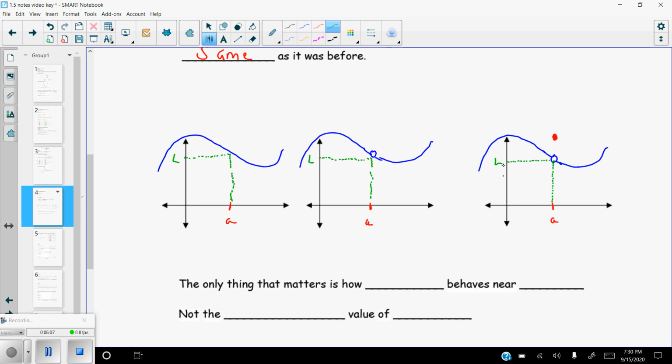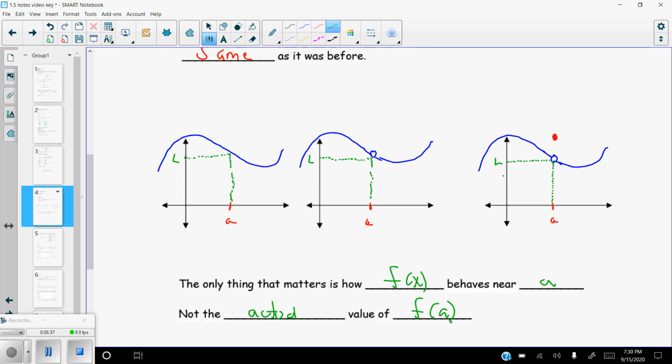So it doesn't matter if you have a hole, it doesn't matter if you have a value outside of that hole that's different, or it doesn't matter if it's continuous. As x approaches a, the limit is still going to be exactly the same y value. So what can we say there? We can say that the only thing that matters is how f of x behaves near a, not the actual value of f of a.